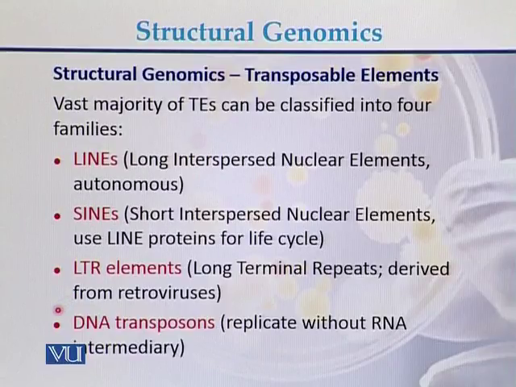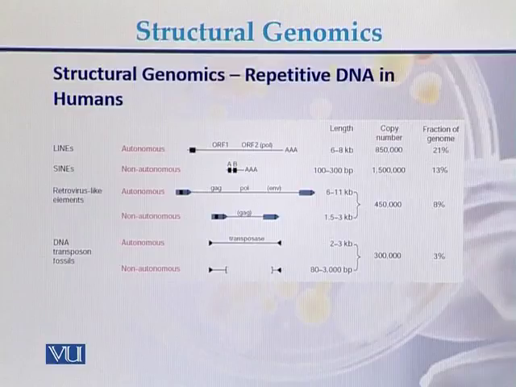So a major part of the eukaryotic genome consists of transposable elements in the form of LINEs, SINEs, LTRs, as well as DNA transposons. Structural genomics in case of humans.